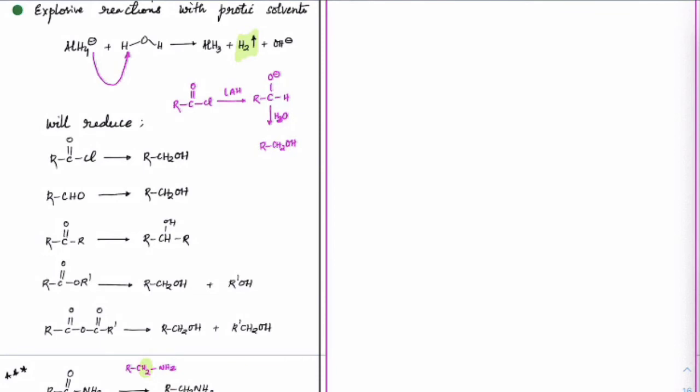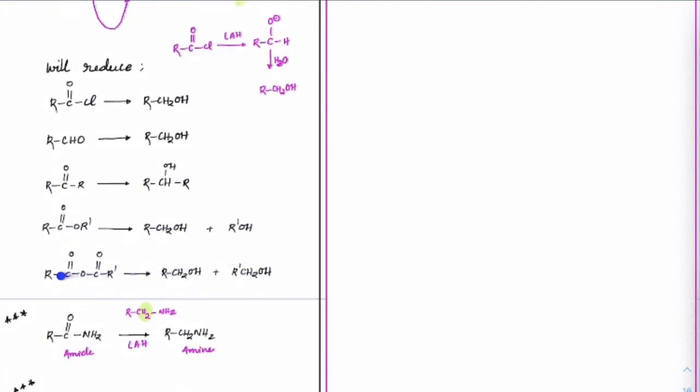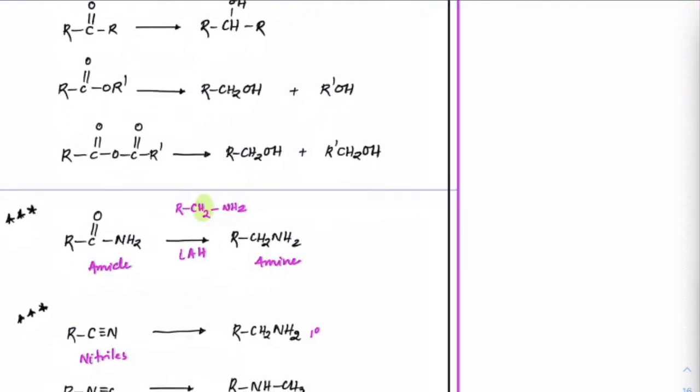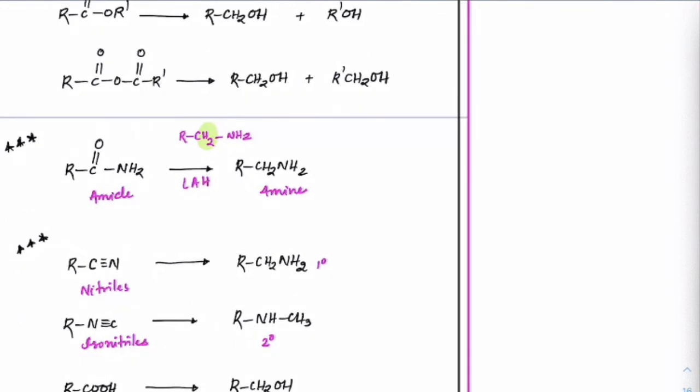So first start writing the list here. Which reductions will take place? Acid chlorides, aldehydes, ketones, esters, anhydrides, amides. Up to anhydrides, you can see these are all alcohols. Right. Next, from amides, nitriles, isonitriles, these are all amines, different forms of amines.